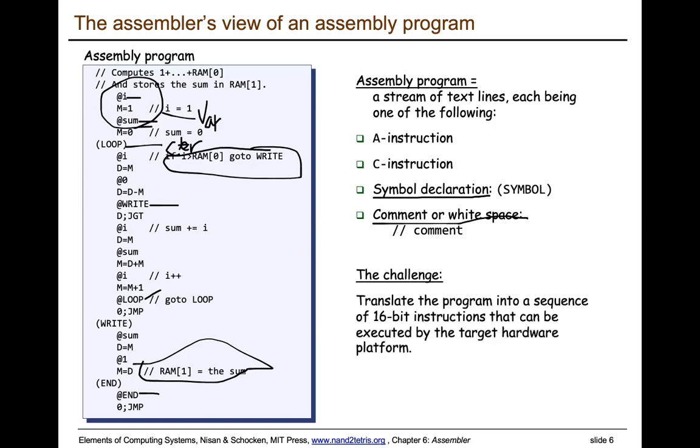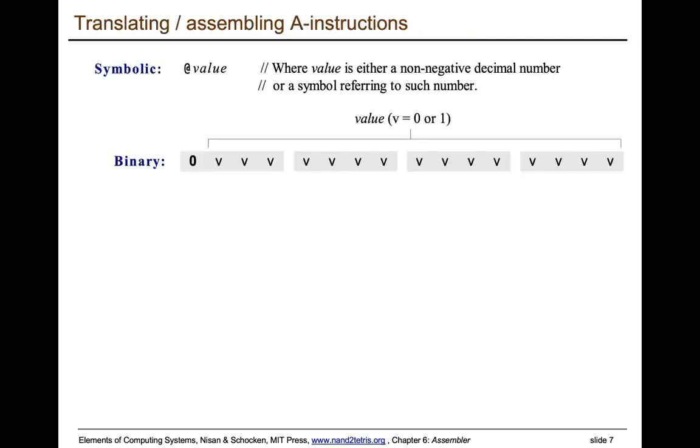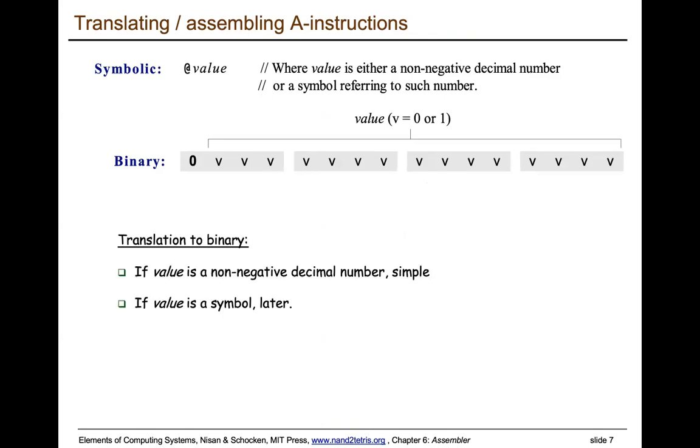So the challenge is to translate the program into a sequence of 16-bit instructions that can be executed by the target hardware platform. This translation for the A instruction, we have already done. It's quite easy, just look at the value. But the A instruction has 2 parts. Previously, if I just give you a non-negative decimal number, it's quite simple.